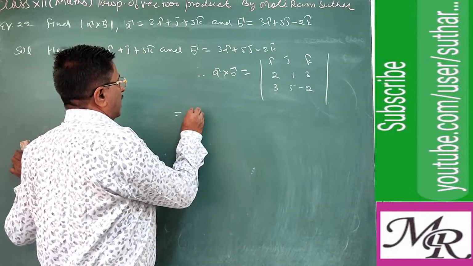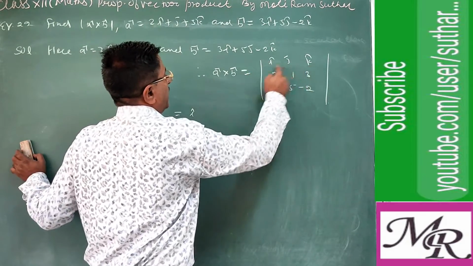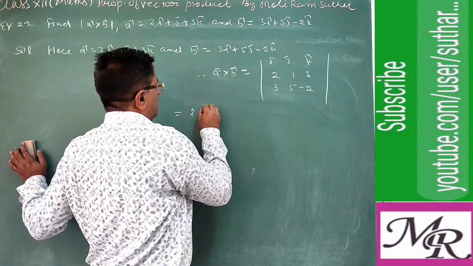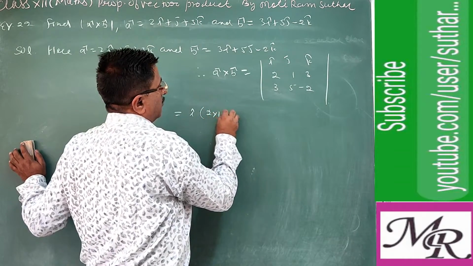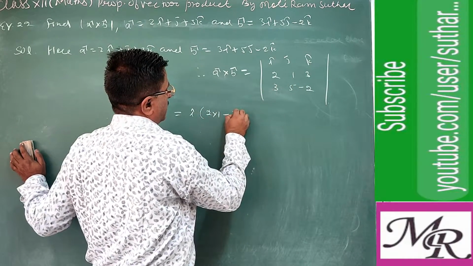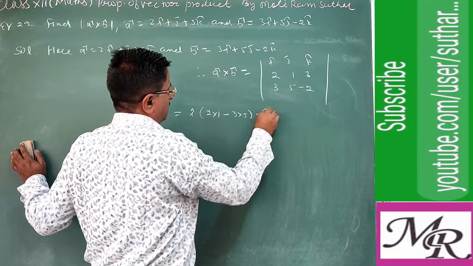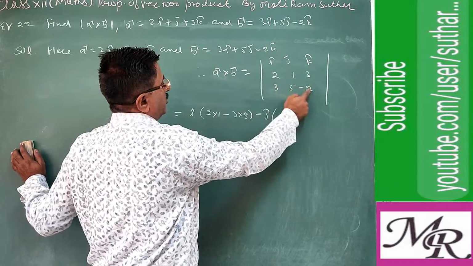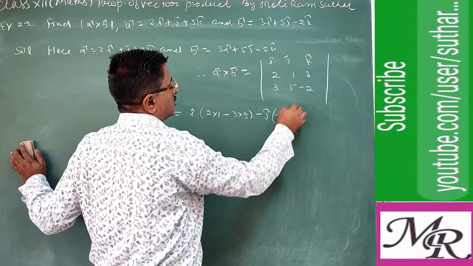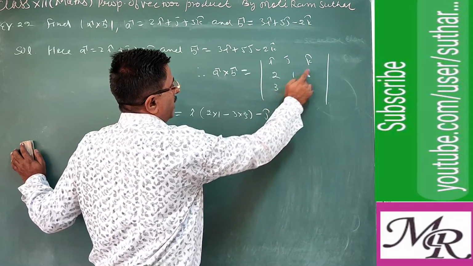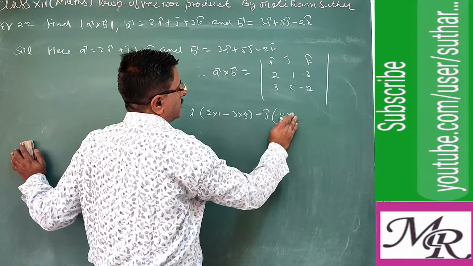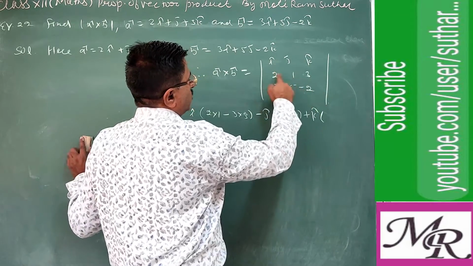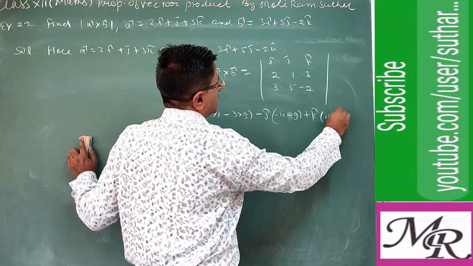So we can say, expanding along the first row, i times 2 into 1 minus 3 into 5, then minus j times 2 into minus 2, that is minus 4, minus 3 into 3, that is 9, plus k times 2 into 5, 10, minus 3.